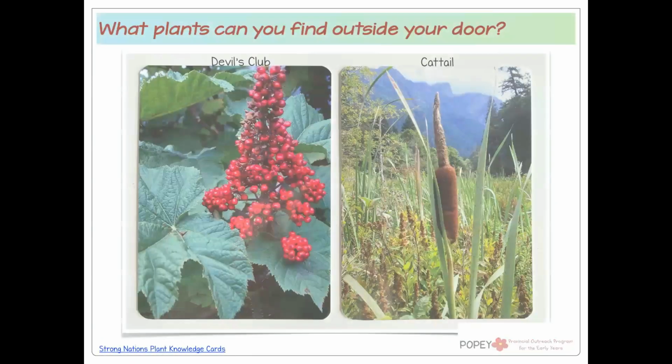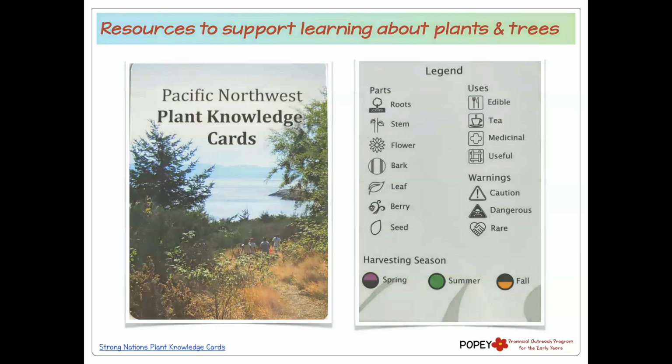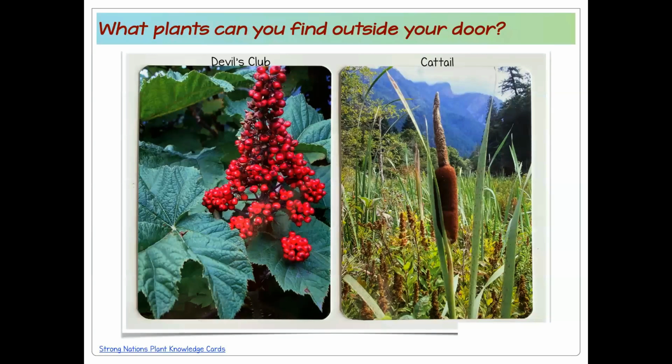There's also some cards that are available through Strong Nations. They're Pacific Northwest Plant Knowledge cards, and they are lovely because they have the picture on one side that our students at the very early levels, our kindergarten students, can read the pictures to use these cards effectively.